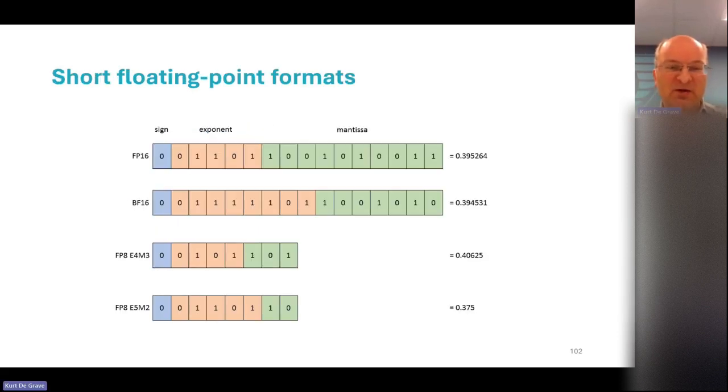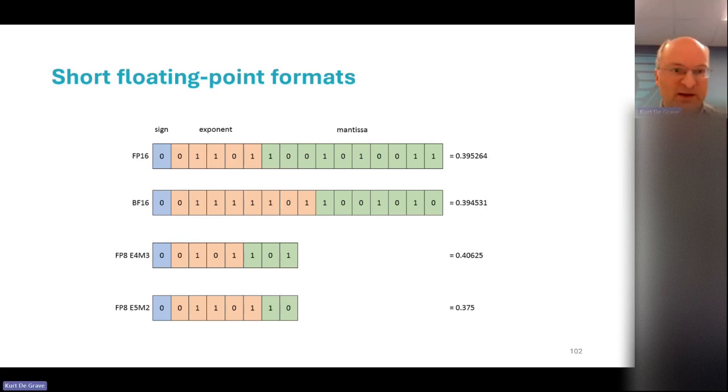And then FP8 only has 8 bits, and there are two different 8-bit floating point formats around: E4M3 and E5M2. The former has a smaller exponent and the latter a bigger exponent.